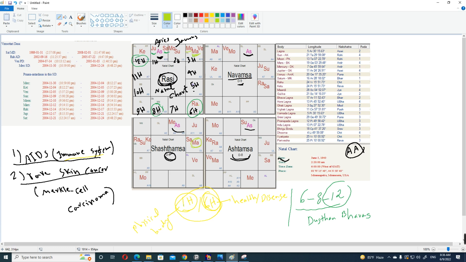Mercury is connected to the 8th house too. The 8th house matters. And then again, you can see some connections, some weaknesses for the 6th house too. These are the things that you can check here.